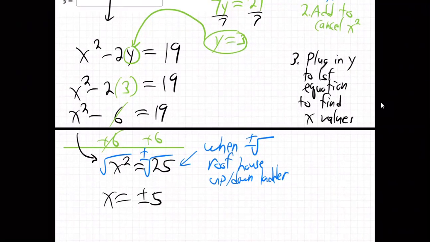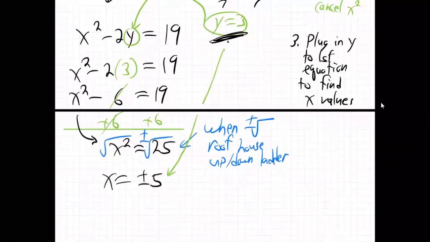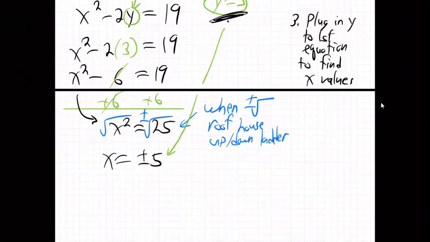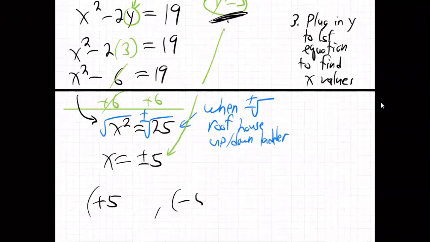Both of those came from y equals 3, didn't they? You see that? So in other words, the two answers we're getting there are plus 5 and minus 5, both going with y is 3.